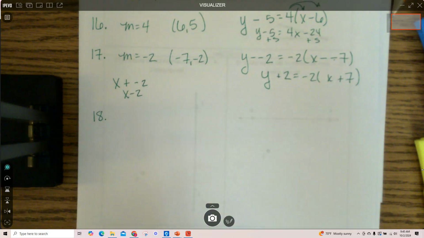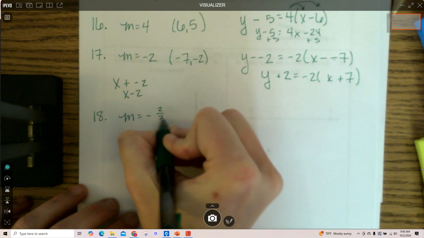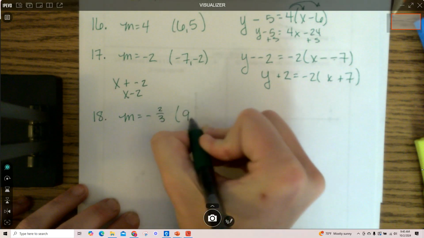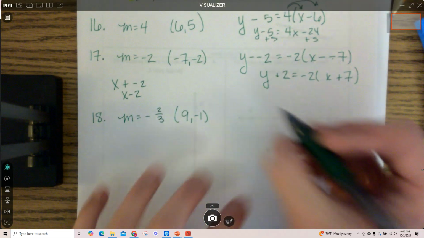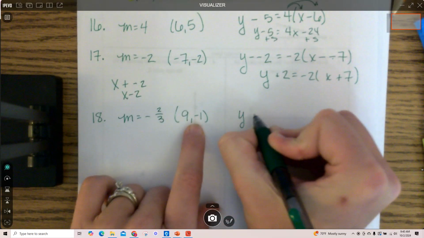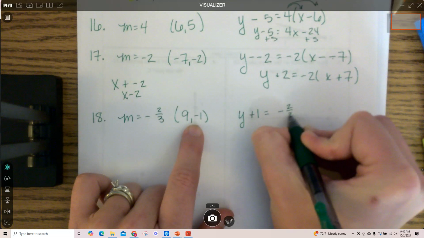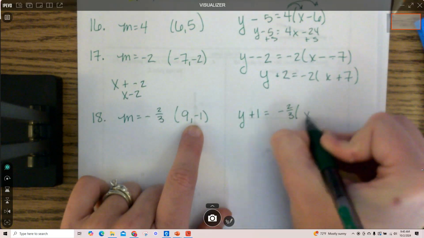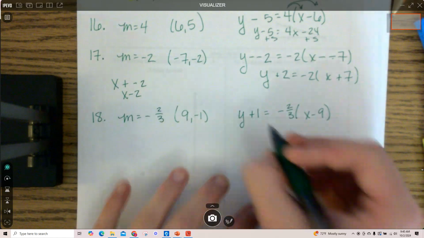Same thing, but the slope equals negative 2/3, passing through 9, negative 1. And it's point slope form? Yes. Okay. So y minus a negative 1 would be plus 1 equals negative 2/3 times x minus 9 if it wants slope-intercept form. Yep.